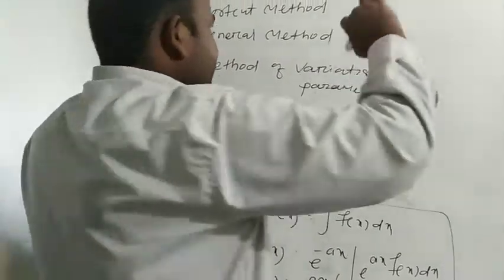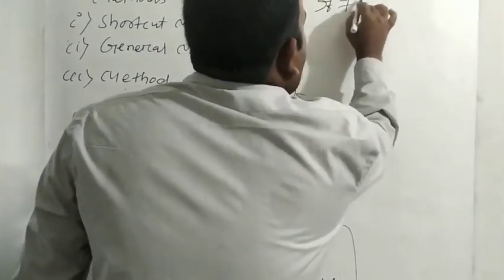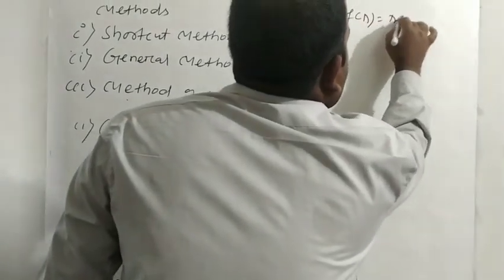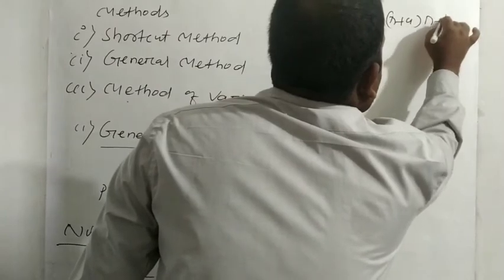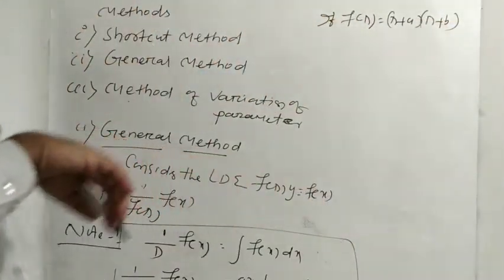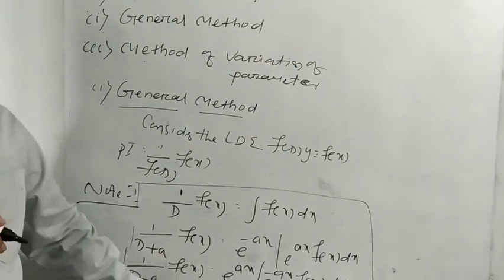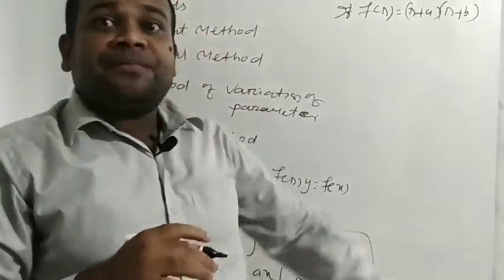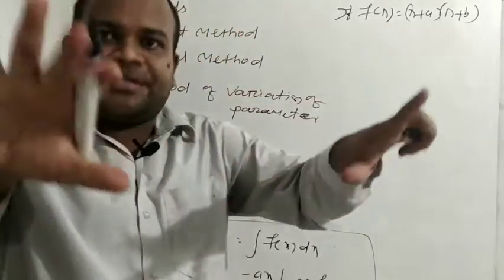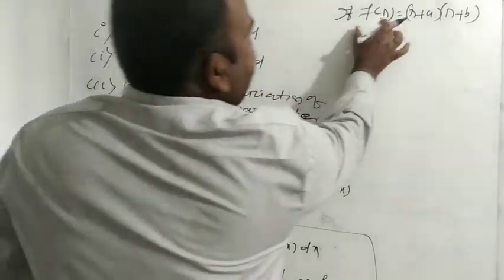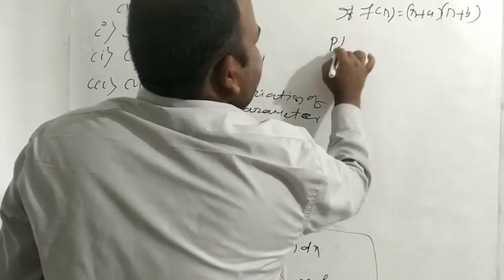Suppose f(D) = (D + a)(D + b). Then in this case we can directly use the formula, or you can use the concept of partial fractions, because you will split it. If f(D) equals this, then what is PI?